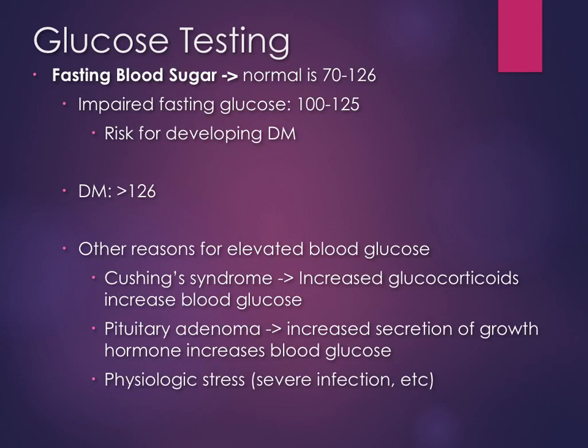They will release increased growth hormone, which causes increased blood glucose levels, and just physiologic stress, particularly in the hospital, for patients who have increased metabolic demand, such as fighting off a severe infection or they've had recent surgery. I can tell you that in heart surgery, all of our patients, regardless of whether they're diabetic or not, get put on an insulin drip following surgery.